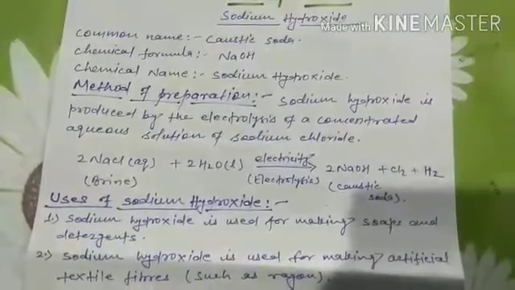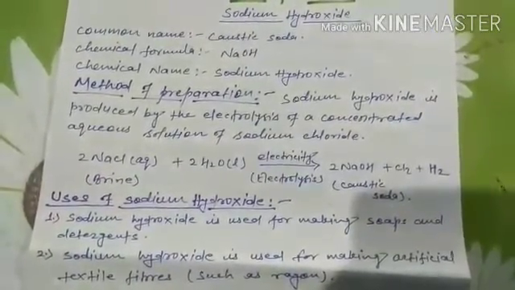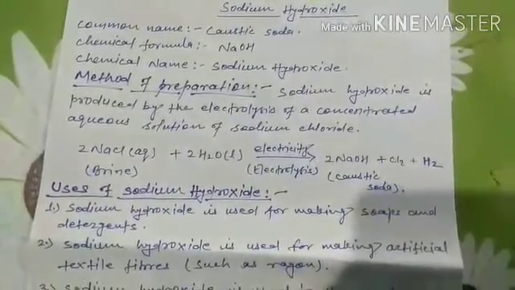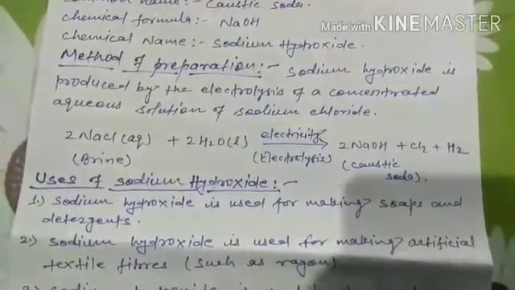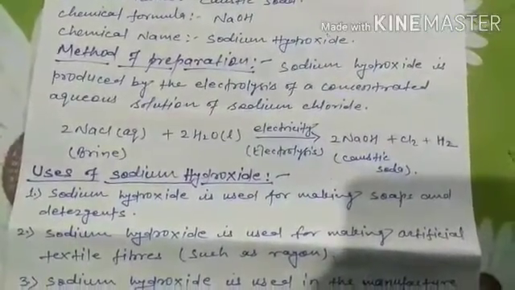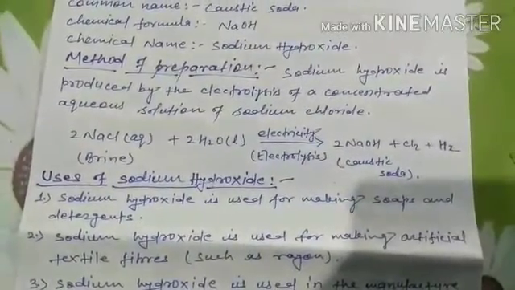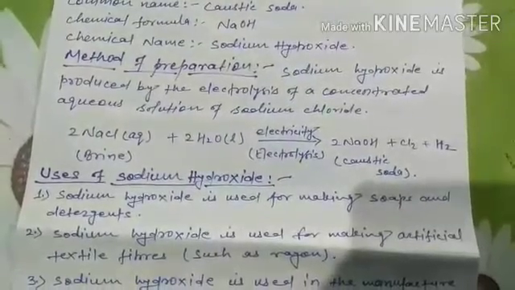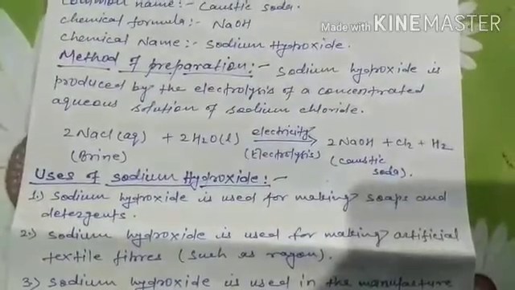Now usage of sodium hydroxide. Sodium hydroxide is used for making soaps and detergents. All kinds of soaps and detergent are made from sodium hydroxide. So sodium hydroxide is raw material for making soaps and detergents.